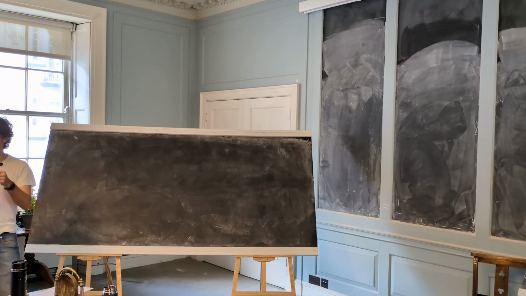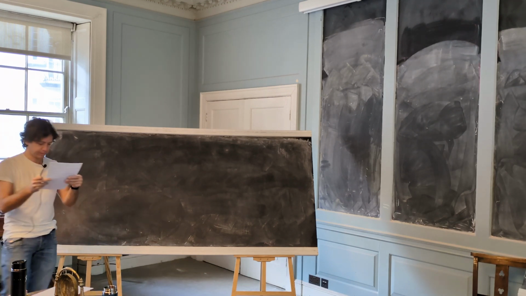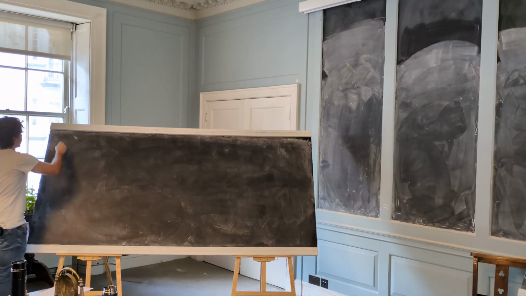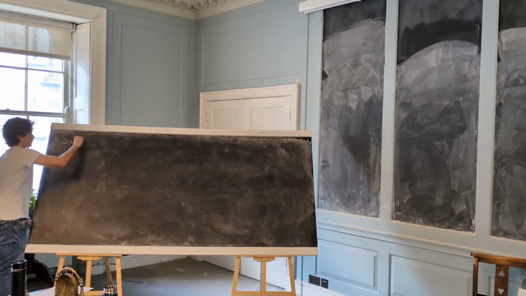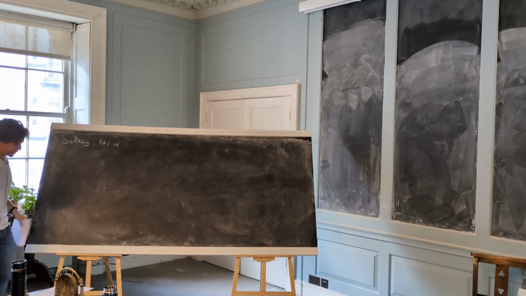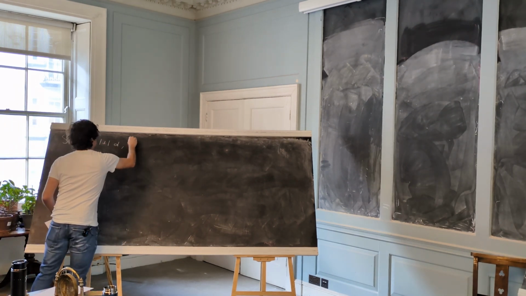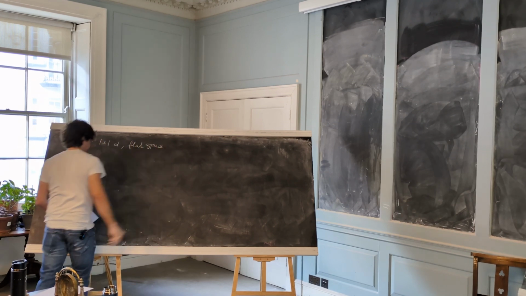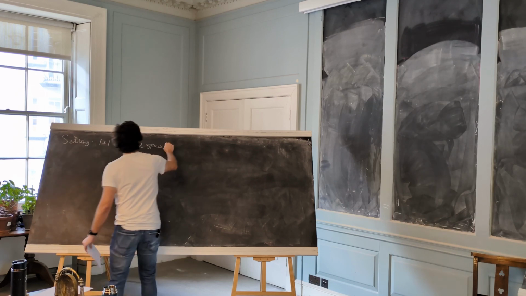All right, and to make our lives even simpler, we're going to work in 1+1 dimensions. Okay, so the setting right now: 1+1 dimensions, flat space, and we're going to work with a massless free scalar field.